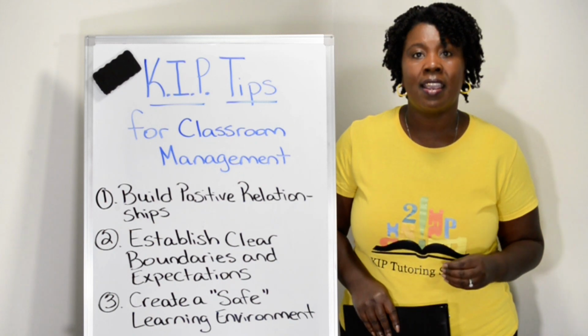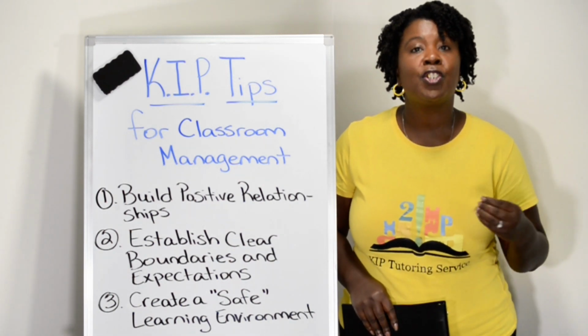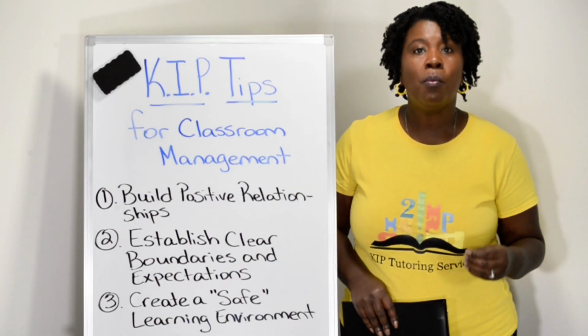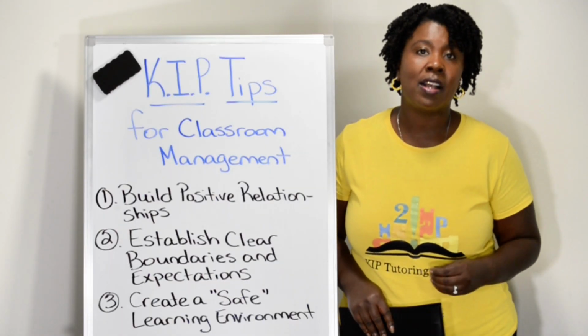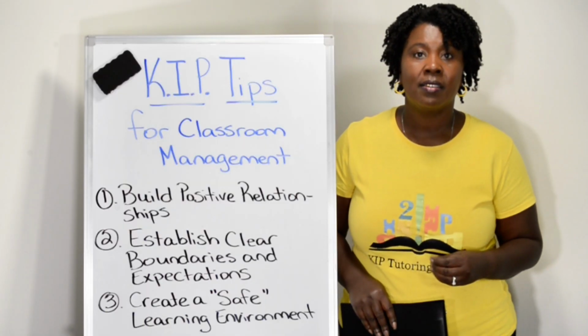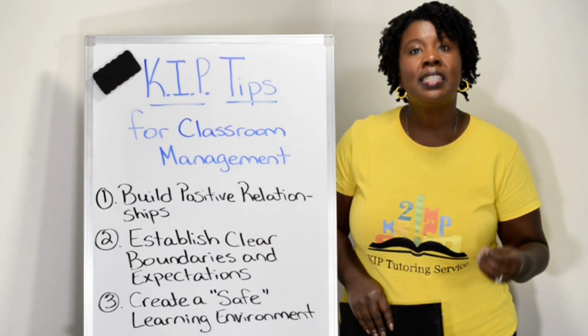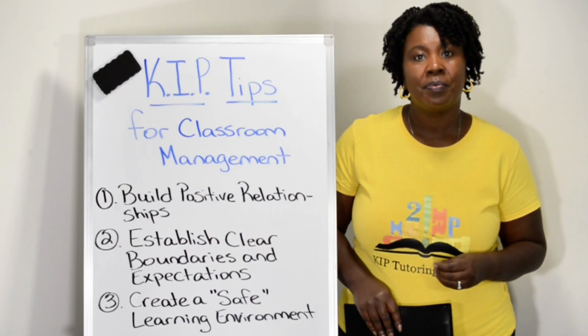What I am saying is that we should see our students as more than just their student ID number, as more than just a name on a roster, as more than just a score on a test. We want them to know that we value them, that we see them as people.